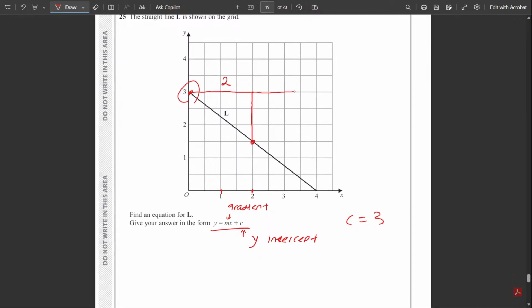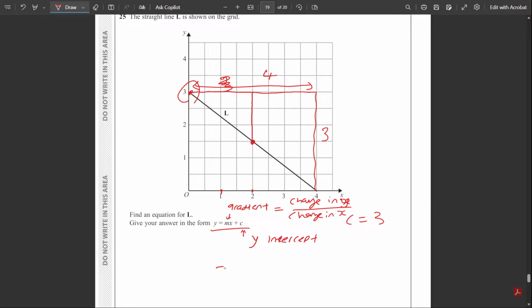So going from 0 all the way to 4, this bigger triangle. Okay, so now this distance change in x is 4, and then the change in y is going from 3 to 0, which is 3. Okay, so the gradient is change in y divided by change in x.